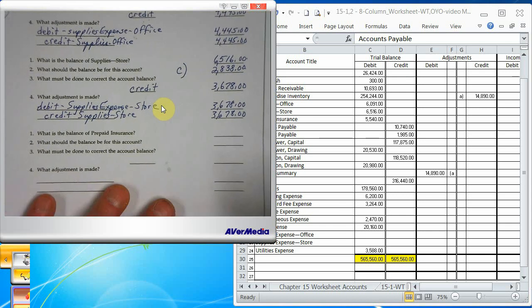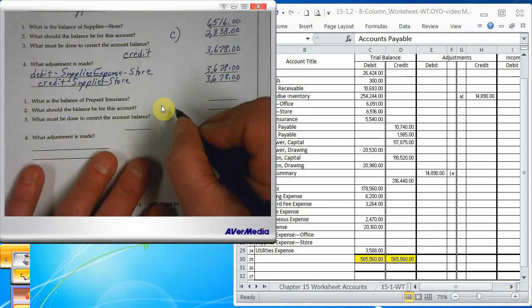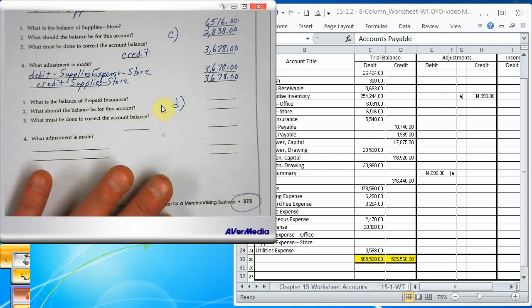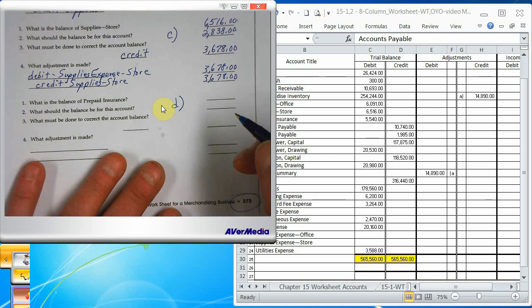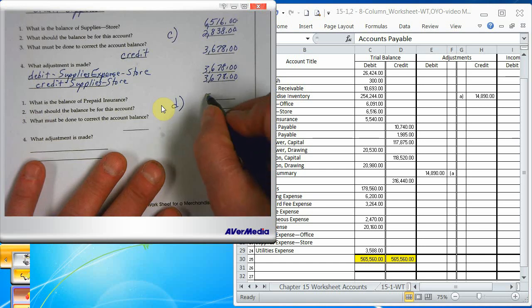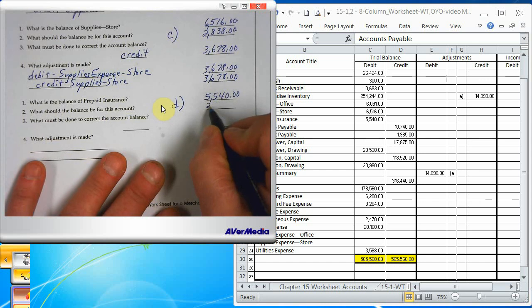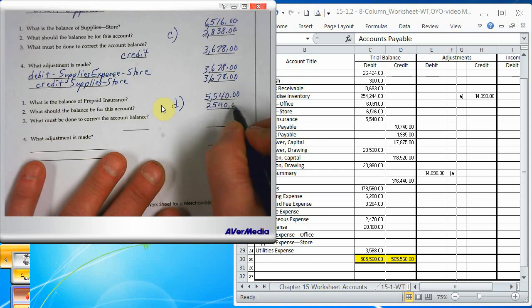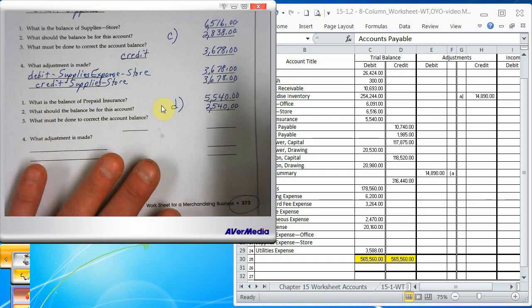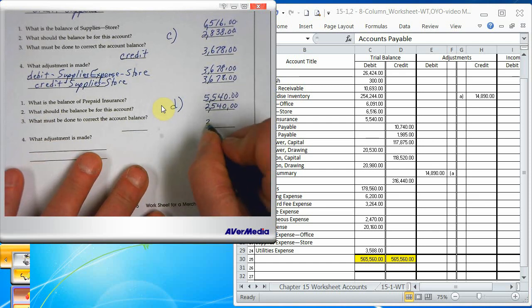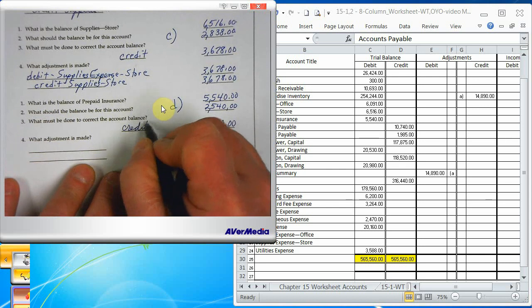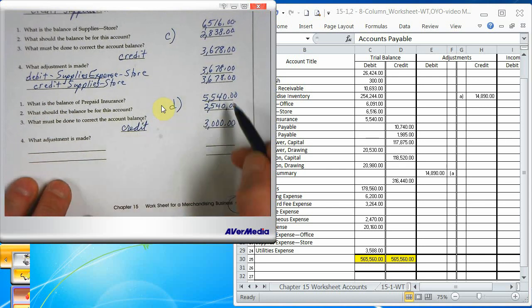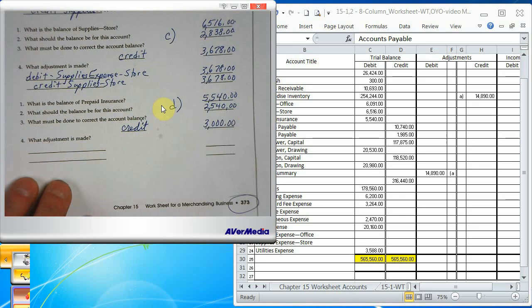Now we also have to do the prepaid insurance, and that's going to be our D entry. Our beginning balance for prepaid insurance was $5,540. Our ending balance is $2,540. Our difference is an easy $3,000, and we're going to have to credit that to lower the debit. From a higher debit to a lower debit, we have to credit the account.